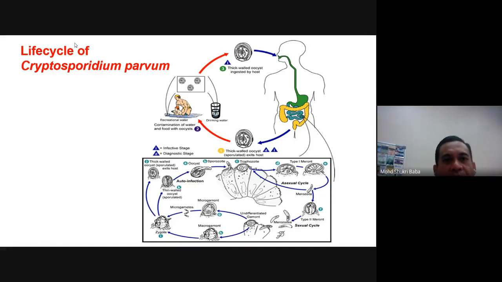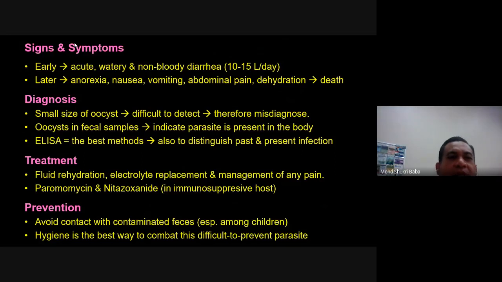Signs and symptoms: in the early stage, you can have acute, watery, non-bloody diarrhea, which can lead to the loss of 10 to 15 liters of water per day.